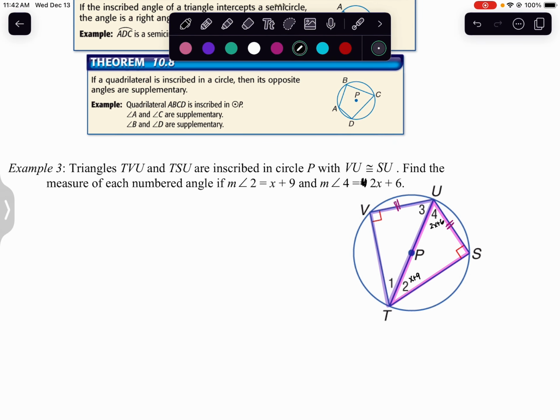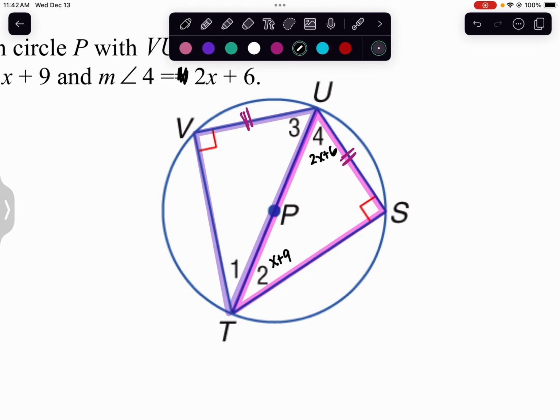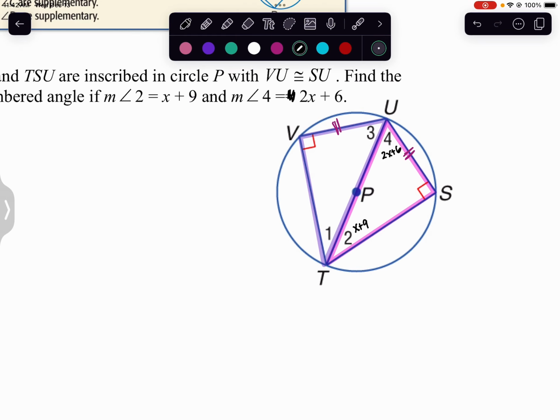Okay, so we have to find each numbered angle. We can find 2 and 4 pretty easily because it is a right triangle, and we know that all 3 angles of a triangle add up to 90. So we're going to end up with 3x plus 15 equals 90.